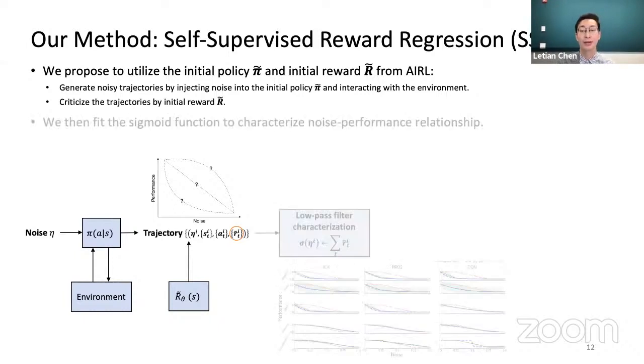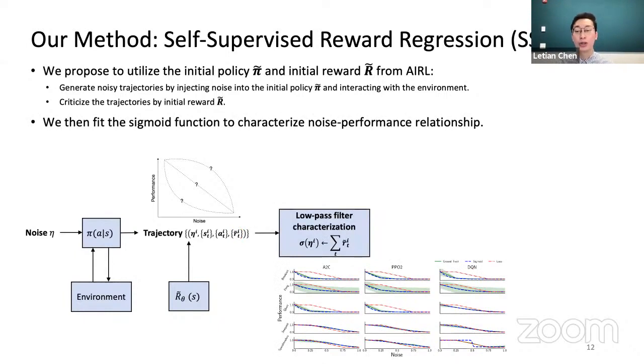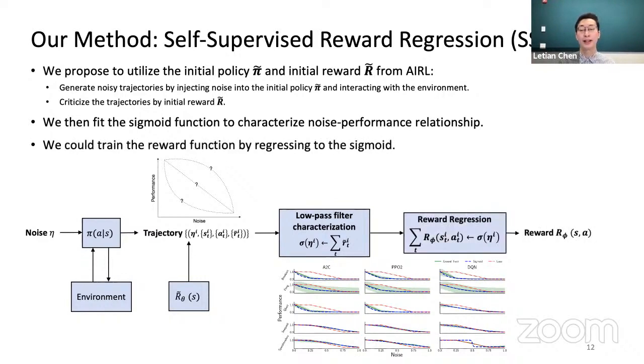We can then send it through a low-pass filter to characterize the noise performance relationship. In our case, we utilize the sigmoid function, as our experiment shows it could capture the noise performance relationship very well. We could then train a reward function by regression to the sigmoid function.